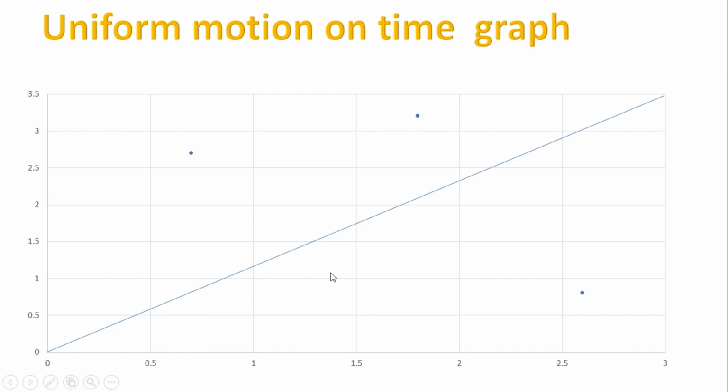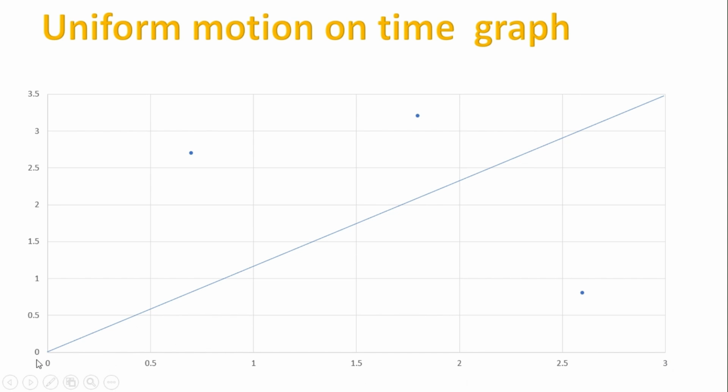So uniform motion literally means that an object has covered distance in a straight line over equal intervals of time, with respect to equal distance on the y axis to the x axis. If you see my arrow, this is the y axis, about 3.5 numerical value, and this is the x-axis.